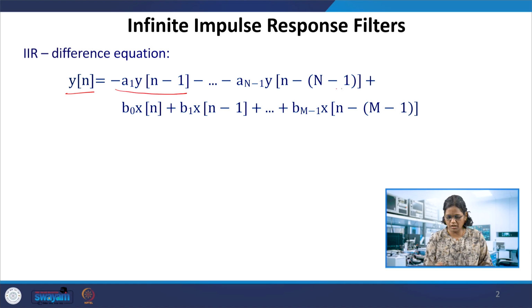I stopped over here. So this is for the past samples of the output, and the current output and past samples of the outputs are taken in this sum.